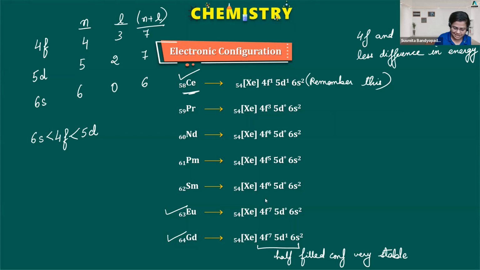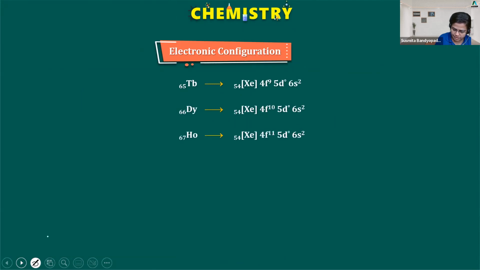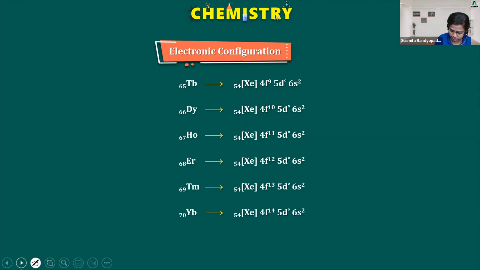Easy? Anything else, you can always let me know. Understood, if D is kept vacant. Why?